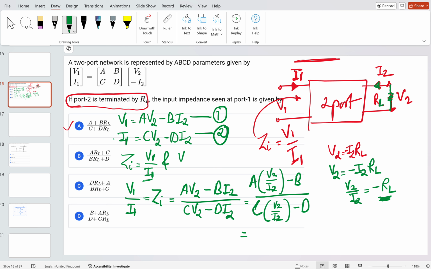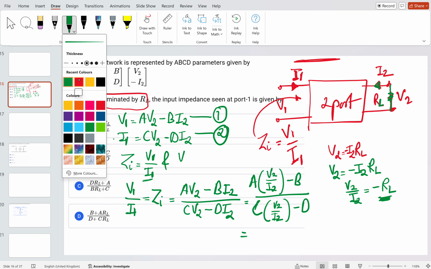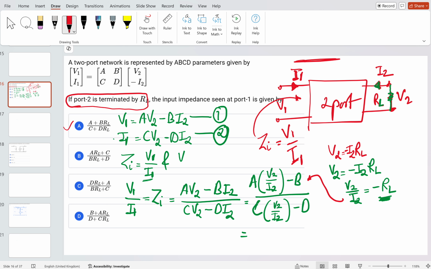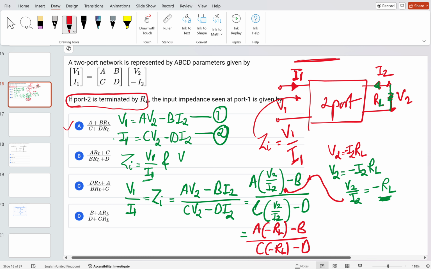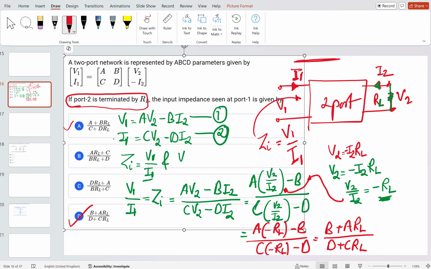Putting this value in, it becomes A times minus RL minus B divided by C times minus RL minus D. So it becomes B plus A times RL divided by D plus C times RL. So option D is correct, not option A or option B.